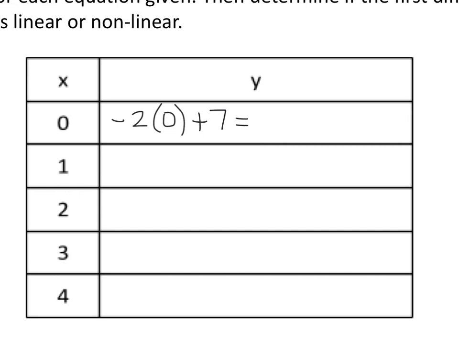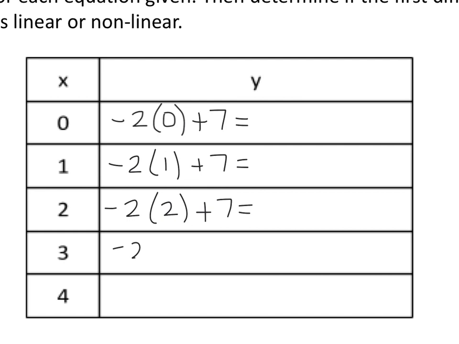And we are going to continue this all the way down the y column. So our next row would be -2 times 1 plus 7, -2 times 2 plus 7, -2 times 3 plus 7, and -2 times 4 plus 7.